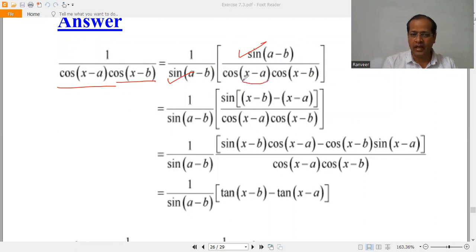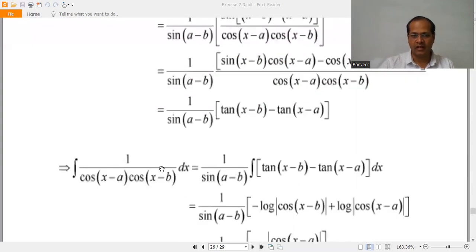Now we have to take this sin(a minus b) in such a way that this angle comes in the sine. So if we take (x minus b) minus (x minus a), then sin(a minus b) is sin a cos b minus cos a sin b. So for cos(x minus a) cos(x minus b), take 1 by sin(a minus b). If we take this part and this part, this is tan(x minus b) minus tan(x minus a), and this is the direct formula we can apply here.